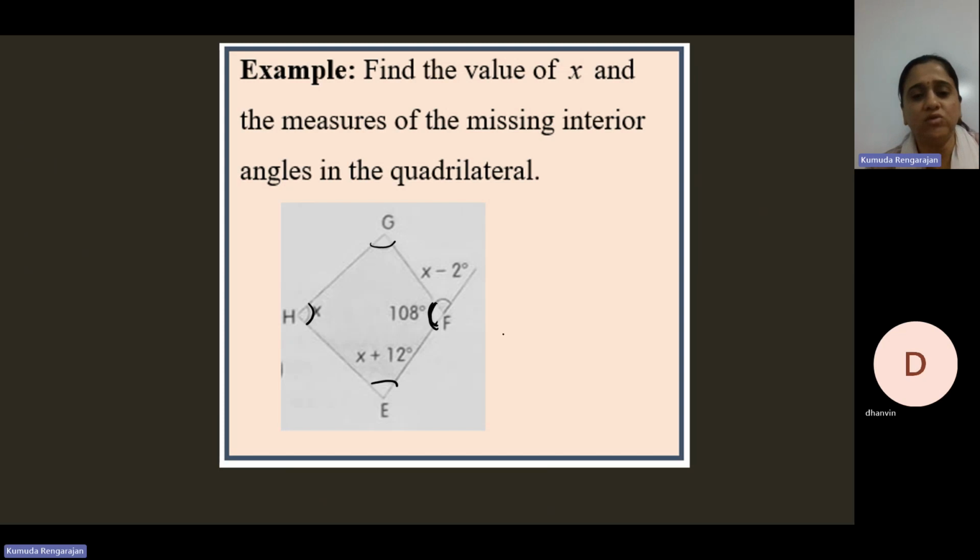So first we find x using linear pair. X is 74. If x is 74, that means H is 74 degrees. Then E will be 74 plus 12.